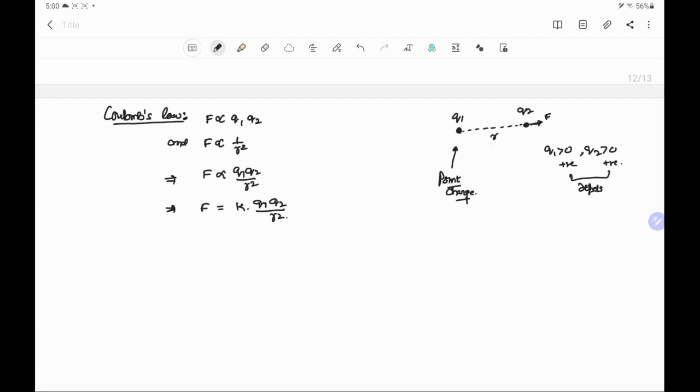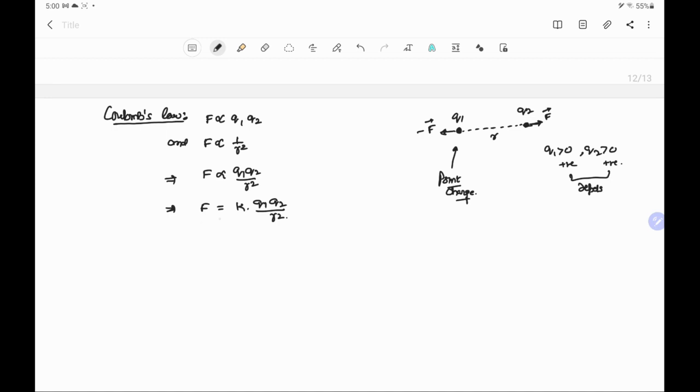So the force on Q2 is F here. Similarly, Q2 will apply a force on Q1 in the outward direction. If we represent these forces in vector form, one is F and the other will be minus F. That means these forces are equal in magnitude but opposite in direction. It is because of Newton's third law, the action reaction law.